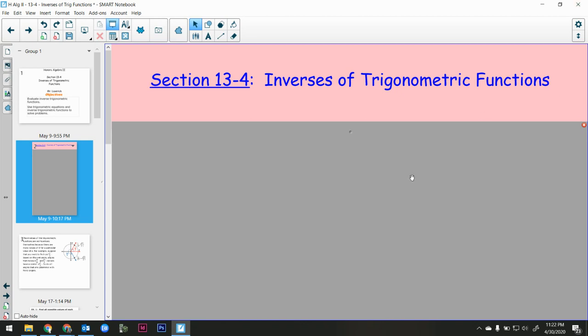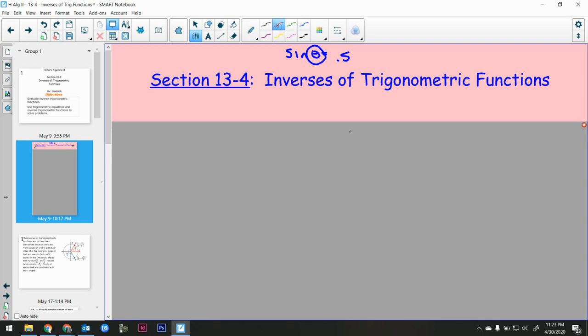So what's the inverse of a trigonometric function? Well, remember that when we started this, we had the sine of theta is equal to some decimal, 0.5, 1/2, right? And that's what we'll figure out today. How do we figure out what that angle is, right? That's really what we're looking for.